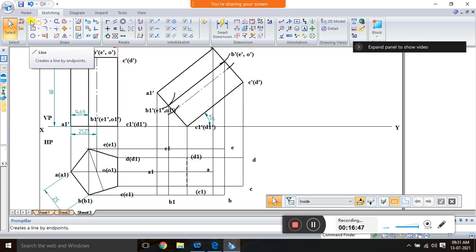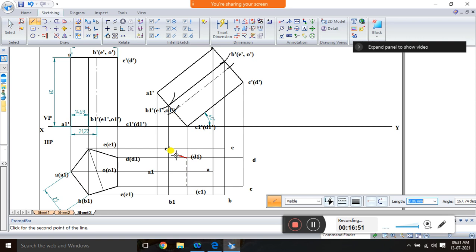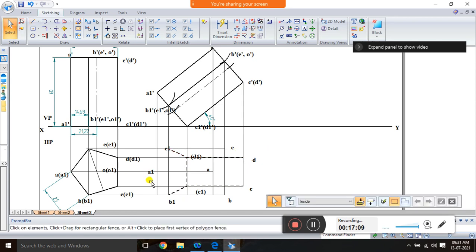Then D1 to C1 is not visible, and C1 to B1 is not visible, and C to C1 is also not visible, and D to D1 is also not visible. So these are the not visible edges.